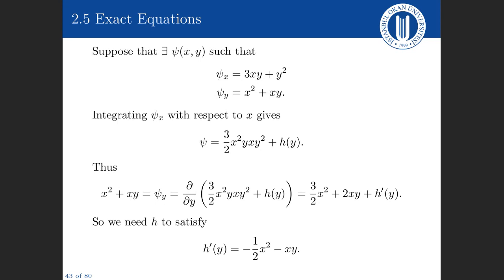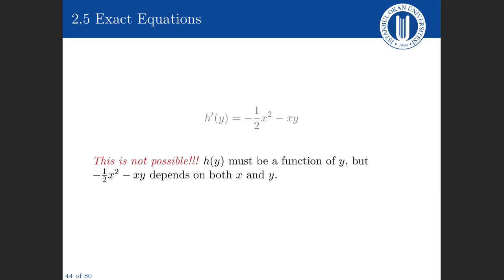Now you'll see there is a problem here. On the right hand side I have x and I have y. On the left side I only have y. In other words, it's not going to be possible to find h. h must be a function of y, but the right hand side depends on both x and y.